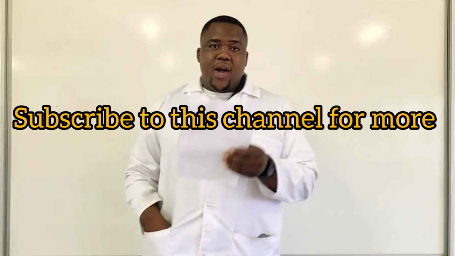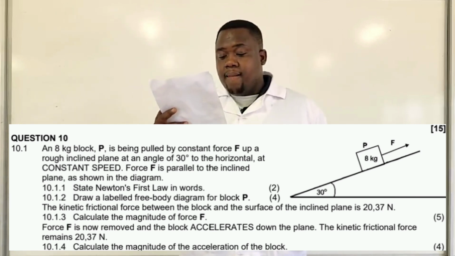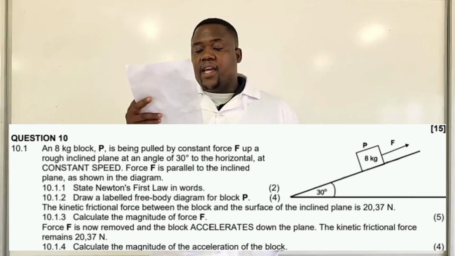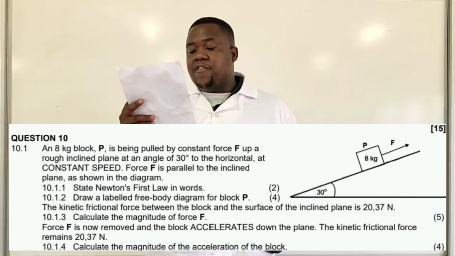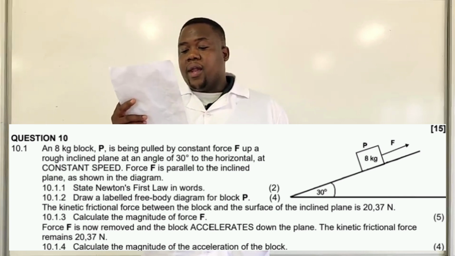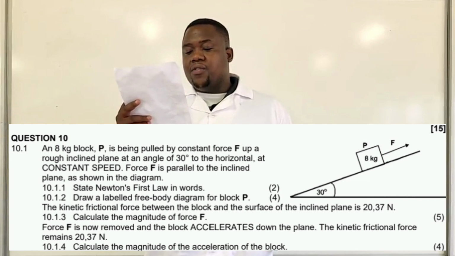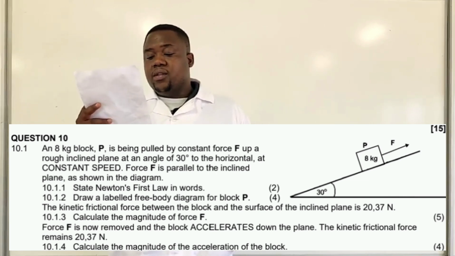Okay, now we're in question number 10. Question 10 reads as it is appearing on your screen. An 8 kg block is being pulled by a constant force F up a rough inclined plane at an angle of 80 degrees to the horizontal at a constant speed.